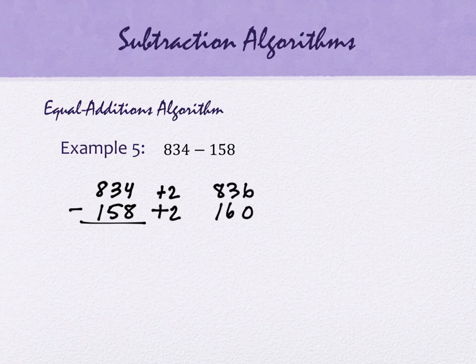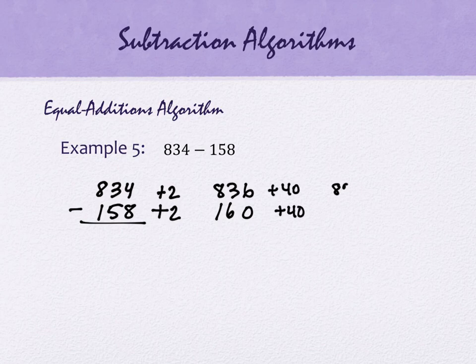I can't stop here though. Why? We still have to borrow. I would still have to borrow. There's a 3 in the tens column and a 6, right? So I don't want to stop here. Now I've got to deal with the 6. What do I have to do to the 6 to make it become a 0? Add 40, right? So I'm going to add 40, again, top and bottom.